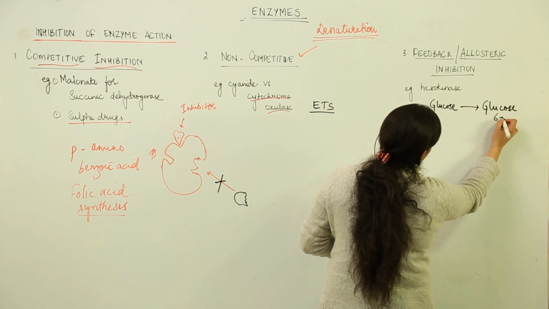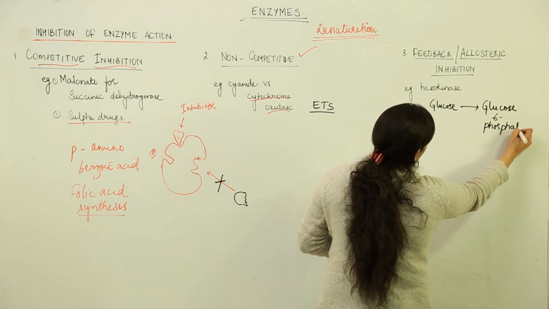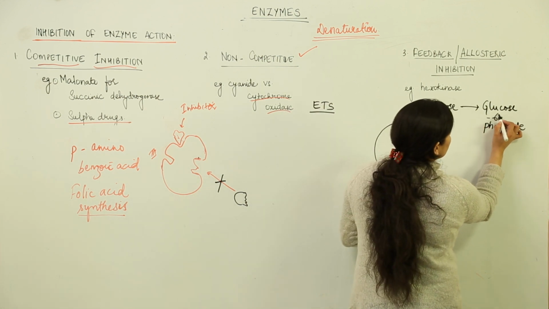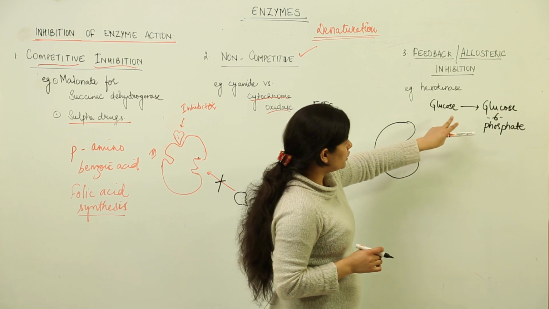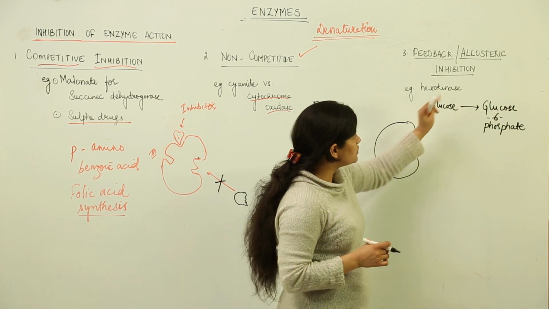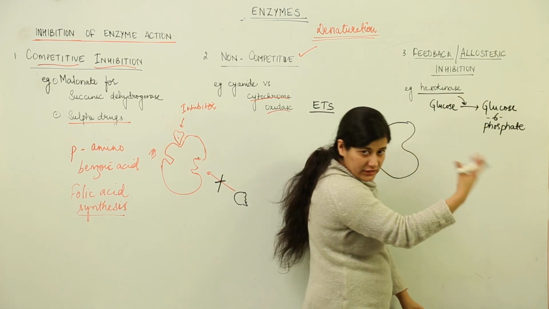We have discussed this in glycolysis, the respiratory pathway. If not, you can see what was there in the aerobic breakdown of a glucose molecule. Glucose gets converted to glucose 6-phosphate in the presence of hexokinase. Now, how does hexokinase stop further breakdown?